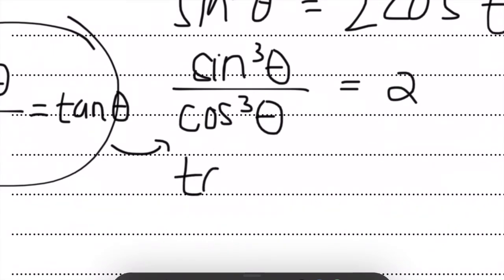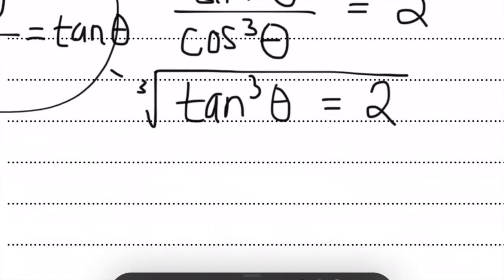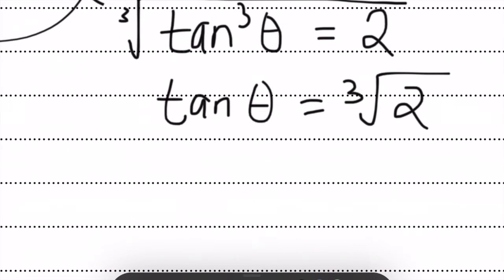We'll add the cube, is equal to 2. We will go ahead and cube root the whole equation, and we'll get tangent theta is equal to the cube root of 2.